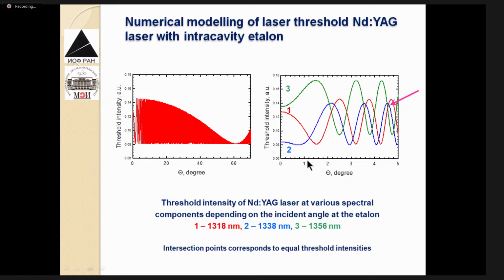In principle, what we need is to find the position where there is an intersection of the thresholds for different spectral components.